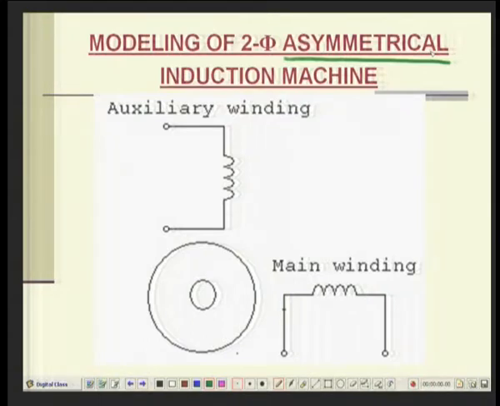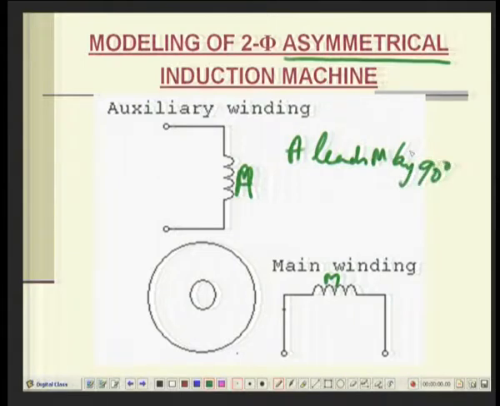I hope you know that in ceiling fan motors there is an auxiliary winding where you put a capacitor, and the auxiliary winding leads the main winding, so it is a 2 phase winding. So you have the main winding and the auxiliary winding. A leads M by 90 degrees electrical, and this is squirrel cage.